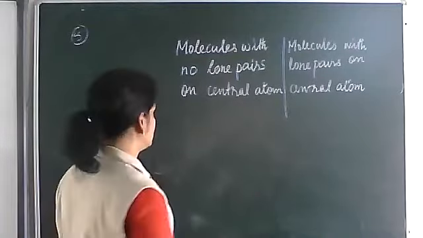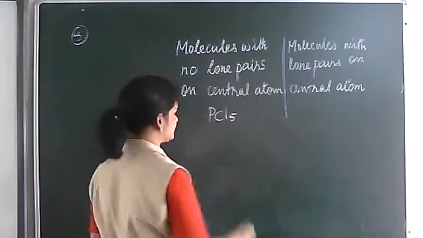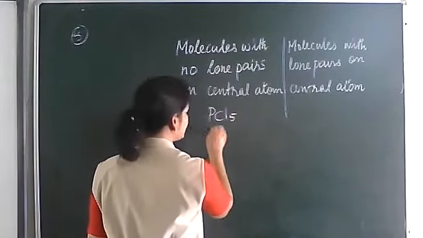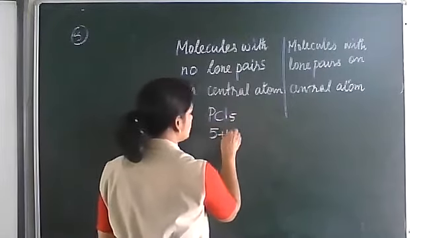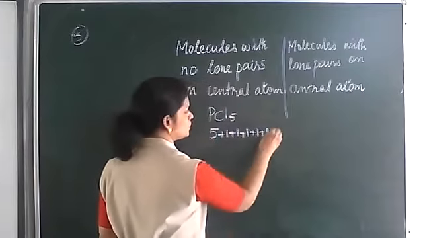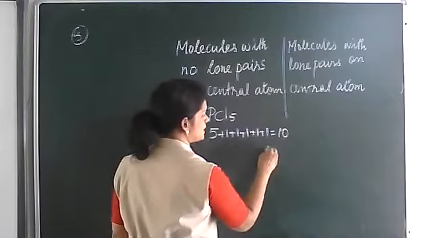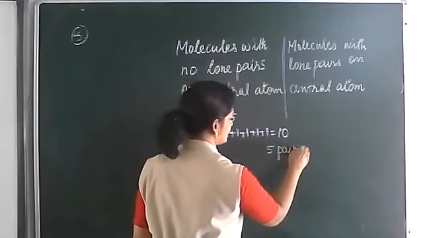Next, PCl5, or PF5: phosphorus with 5 electrons in the valence shell, plus 1, 1, 1, 1, 1. So altogether 10 electrons. 10 electrons means 5 pairs.